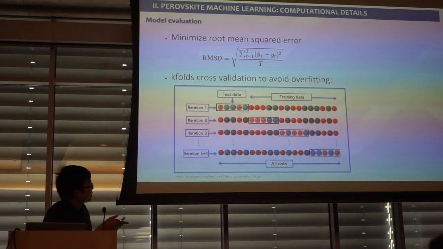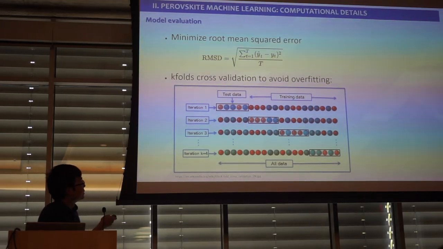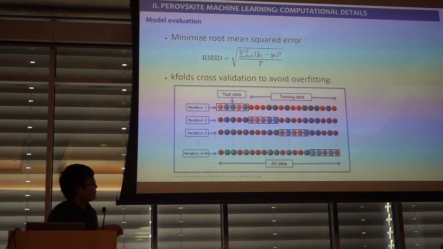In k-fold cross-validation, we're splitting up the data into a number of folds, and in each fold we set aside a different index of test data and training data to train and evaluate our model. In this case we're using 4 different folds, and in each fold we have a different set of test data. This is good to avoid any overfitting in our machine learning model.